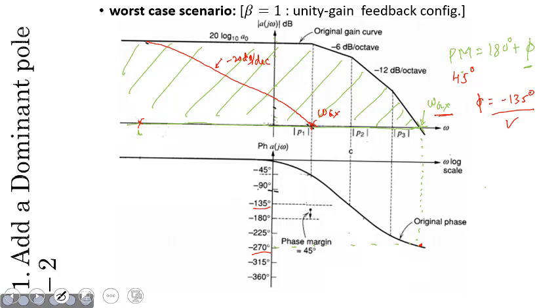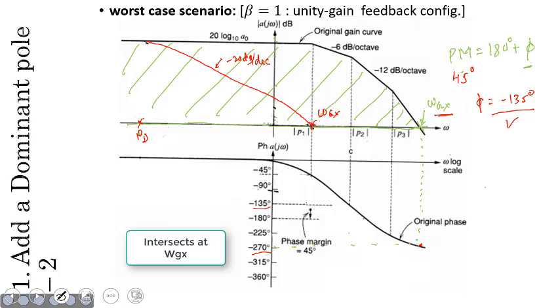So we need a dominant pole added through some means. When we add a dominant pole at this frequency, the open loop transfer function will have a magnitude that degrades at minus 20 dB per decade, and eventually it intersects at this particular frequency.